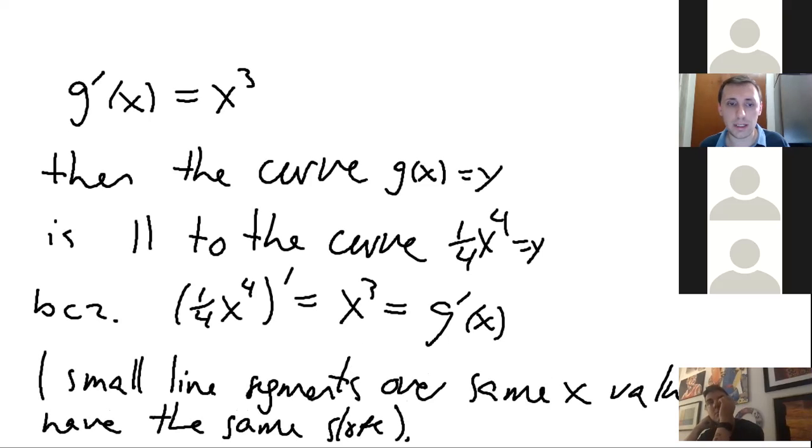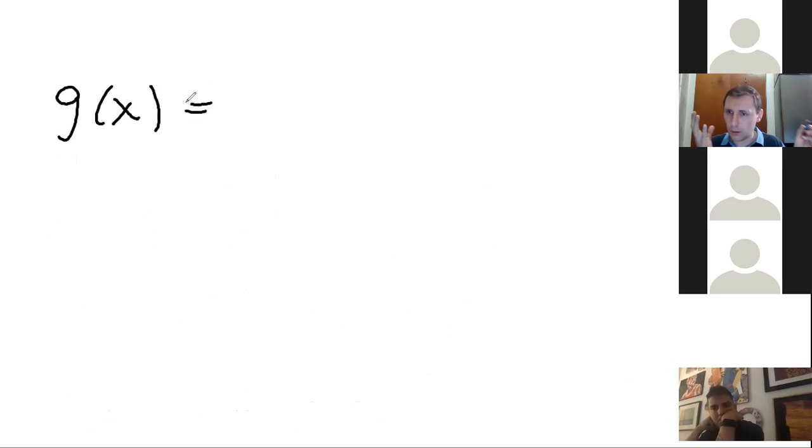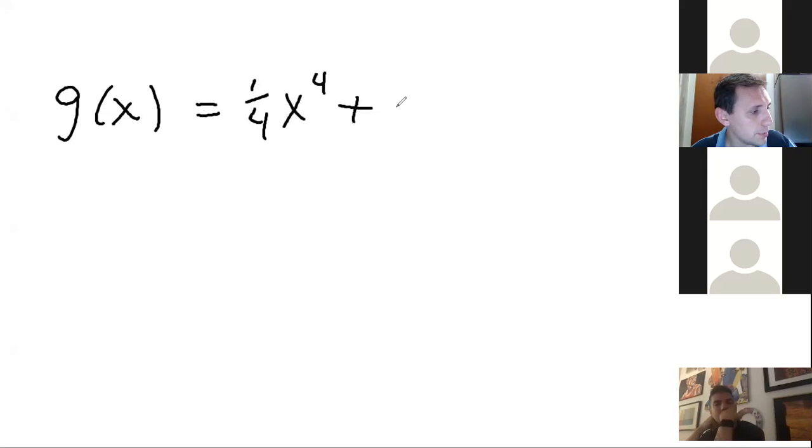So that means what? That means that g of x is equal to what? How do you express it in terms of functions? What does it mean for two curves to be parallel on the xy coordinate plane? That means it is the same curve but shifted by a constant. Do you understand? That means that g of x is 1/4 x to the power of 4 plus a constant.